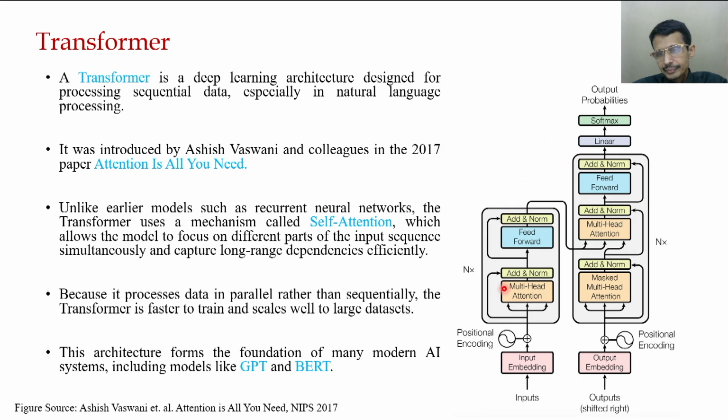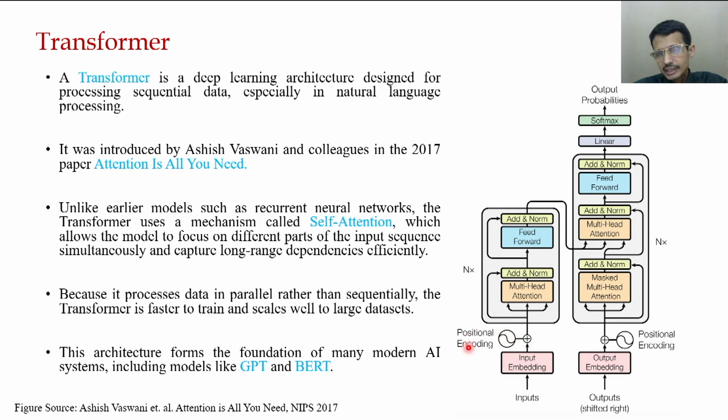Now here you can see the main figure taken from the paper by Vaswani et al., NIPS 2017. The transformer is an encoder-decoder; the full transformer is the encoder as well as the decoder. Before going to the encoder, the inputs go through the input embedding, that may be word2vec or any other embedding.